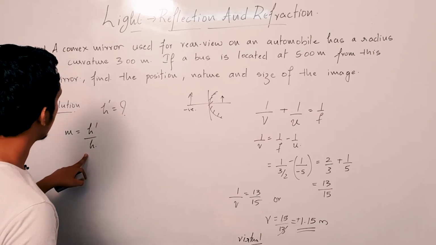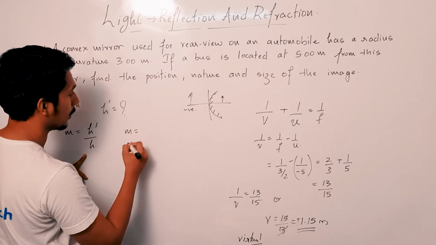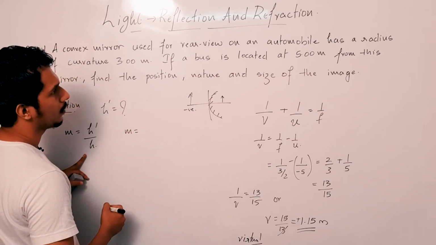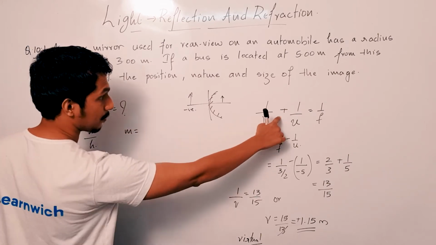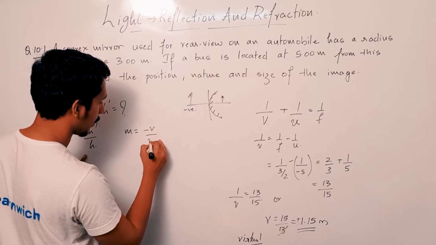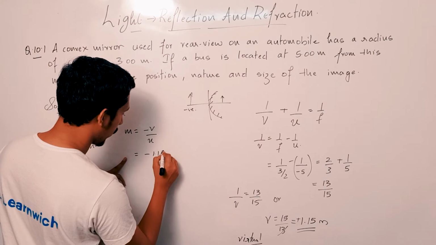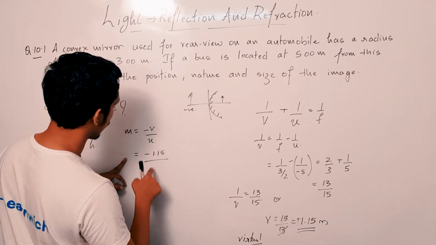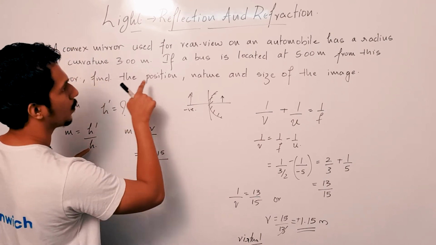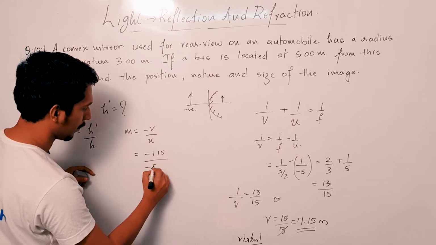Next thing I can do is magnification is minus v by u also. So minus 1.15 divided by u, and u was given as negative 5.